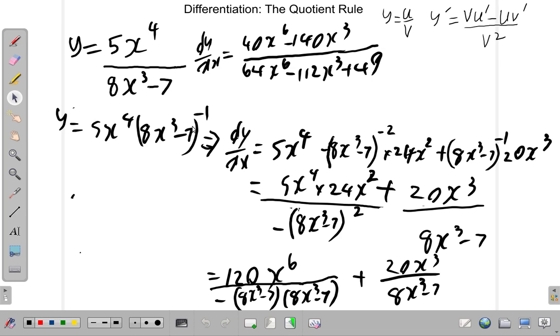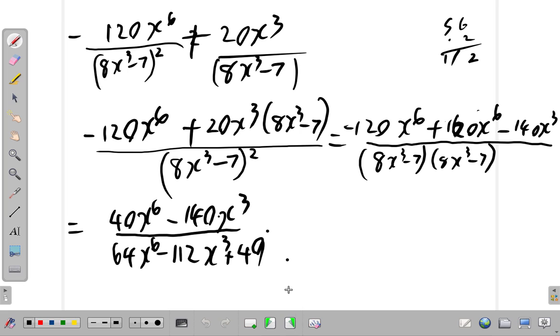You know how to use the quotient rule and complete this part up here of the calculation. I just did this other part because I felt it would be fun doing that. It was a lot of work, but it was nice knowing that we get the same answer when it was completed.